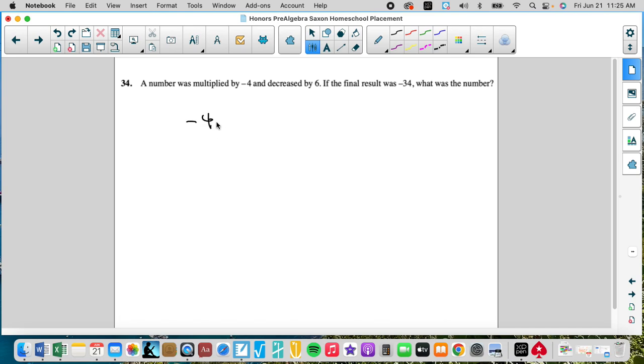All right, a number was multiplied by -4. So we have -4 times a number decreased by 6, minus 6. If the final result was -34, what is the number? So we're going to write this as -4x minus 6 equals -34. This is a two-step problem. The inverse of subtracting 6 is adding 6.